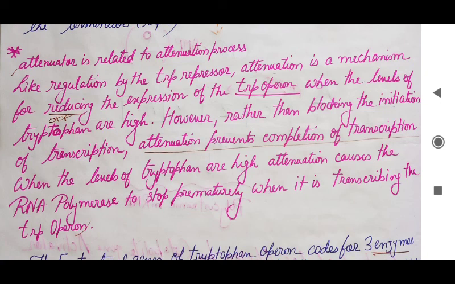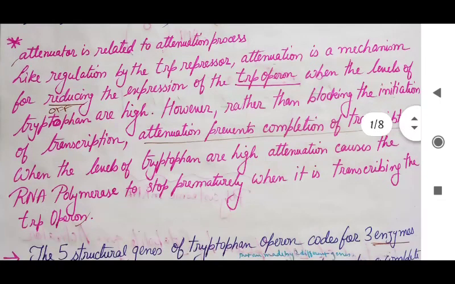So for regulation, suppose there is quite a lot of tryptophan in the medium. Now the bacteria won't need these structural genes required to make tryptophan. So rather than blocking the tryptophan operon, they will do attenuation, preventing the completion of the transcription of those structural genes.